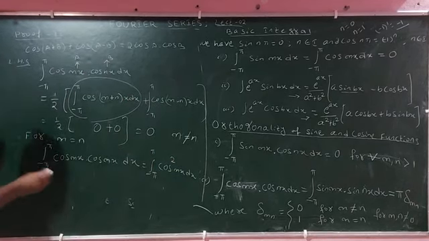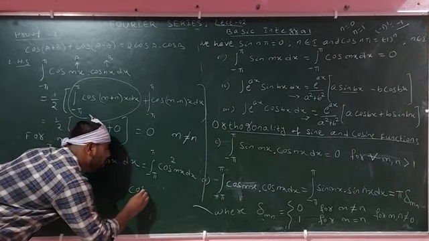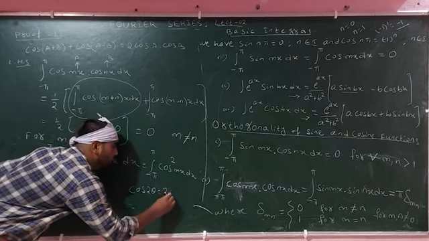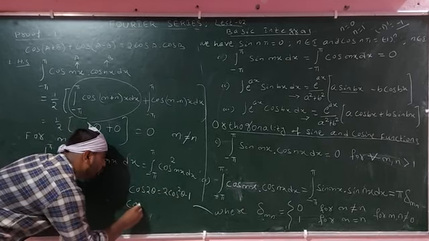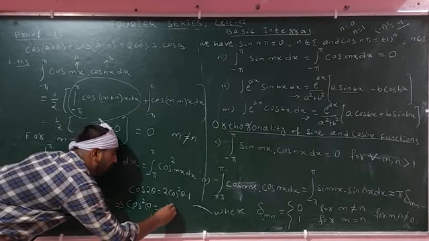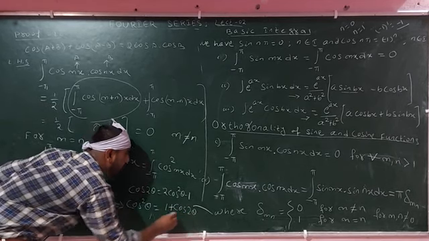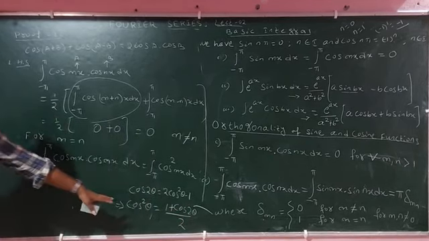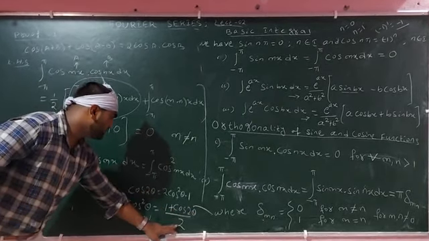Applying the identity cos 2 theta equals 2 cos square theta minus 1, cos square theta will be (1 plus cos 2 theta) divided by 2.